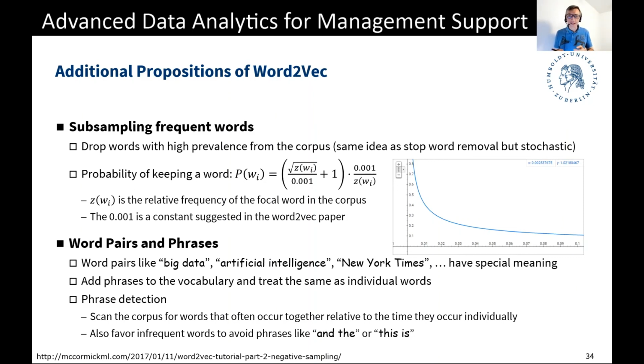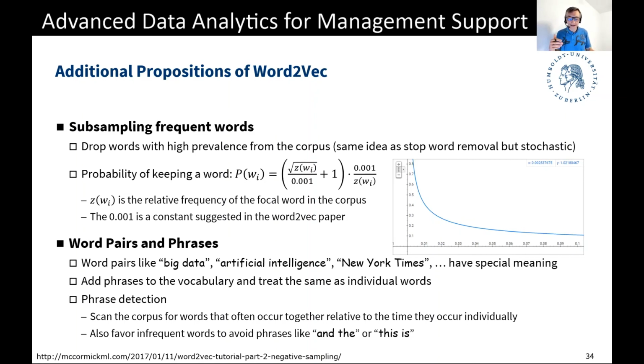But that's somewhat inaccurate, given that artificial intelligence is a standing phrase. So essentially, they analyze their corpus to find a bunch of word pairs and phrases. Phrase means more than just two words, like New York Times, for instance. They interpret these as distinct words, added to the corpus, and then each gets its own embedding.